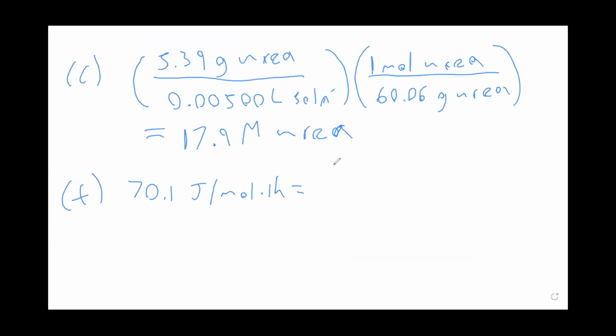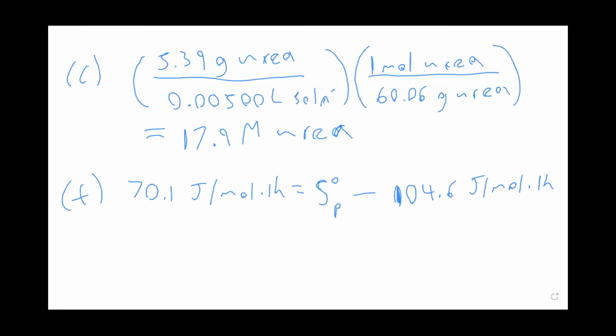And that's equal to, we'll just call this S_P right here, so the S of products minus the S of reactants. And we're also given that S of reactants is 104.6 joules per mole Kelvin.